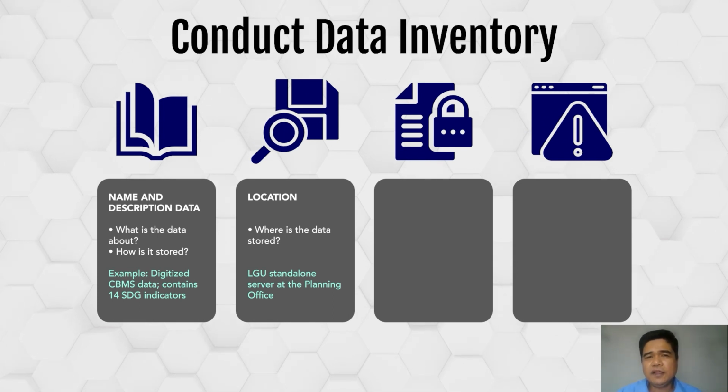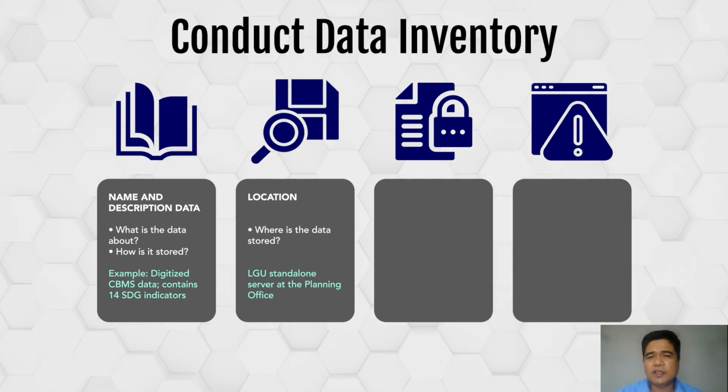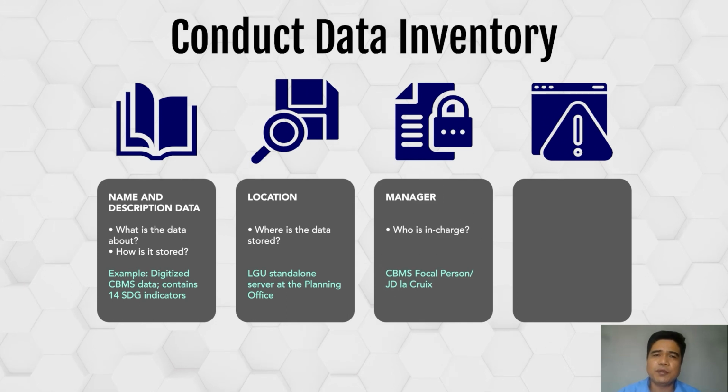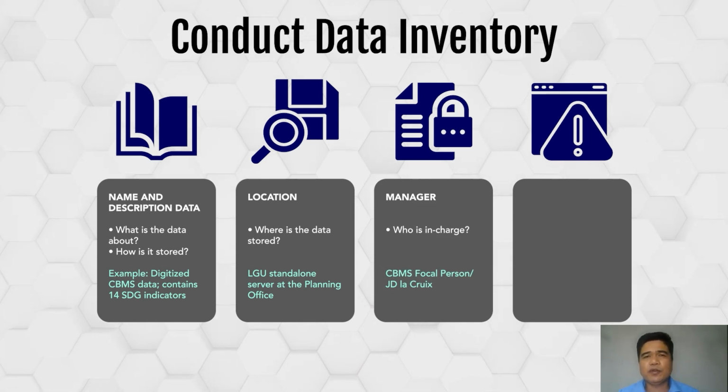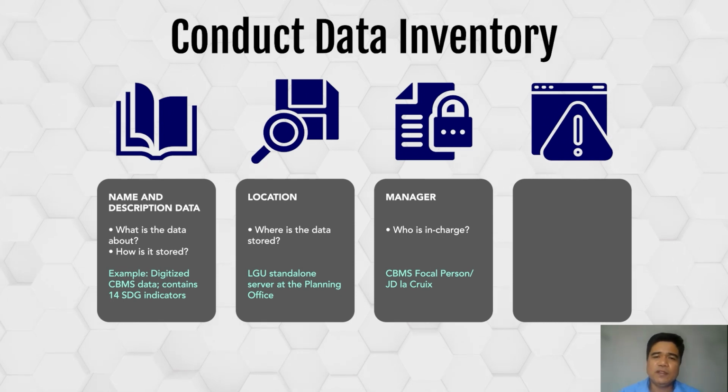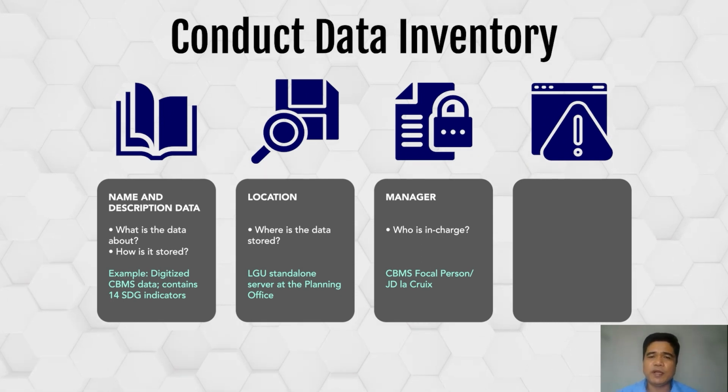And then the data inventory also contains the name of the person, the focal person or the manager who is in charge. For example, for CBMS data, there is always assigned a focal person to manage that data.